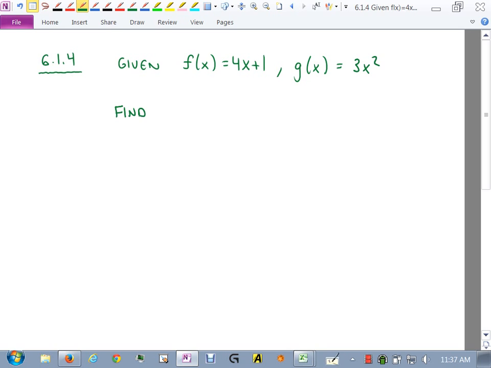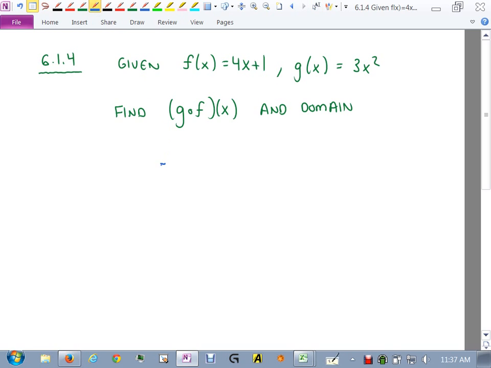Find g of f of x and domain. So what's the difference here? I wrote g of f of x instead of f of g of x, right? So I switched the order of f and g.